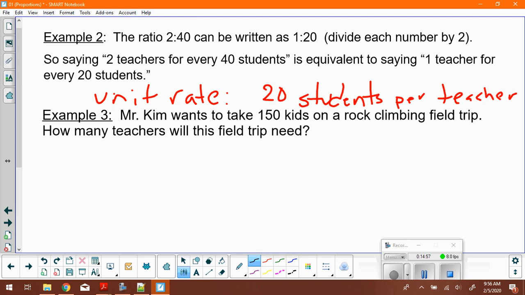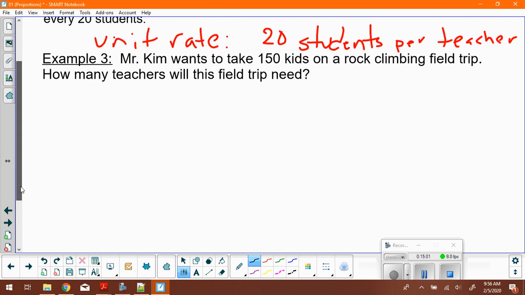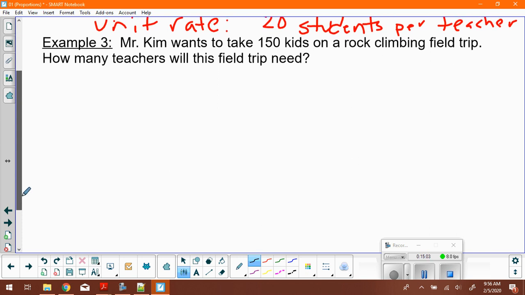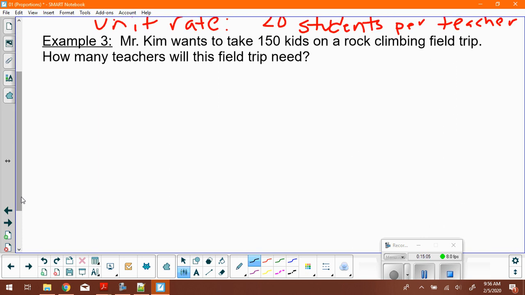All right, so hopefully you're back from having a chance to look at that. There are lots of different ways you can solve this, but here's one way using a ratio. We had the original ratio, 2 teachers for every 40 students.